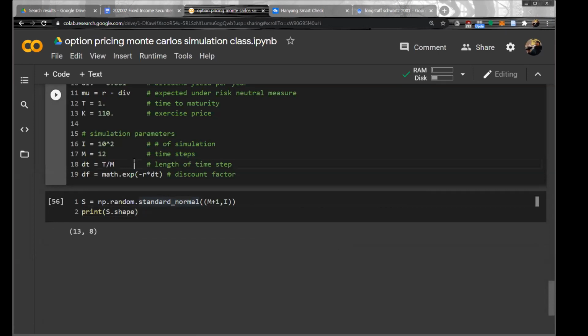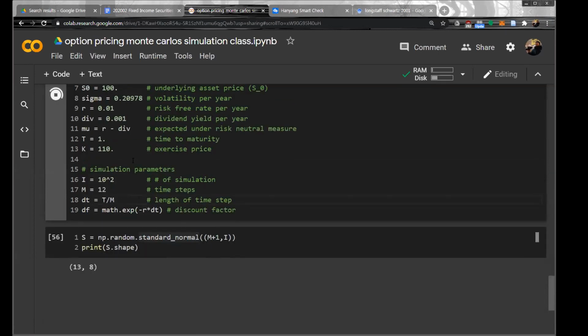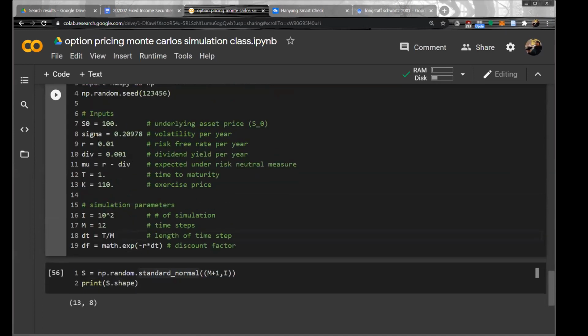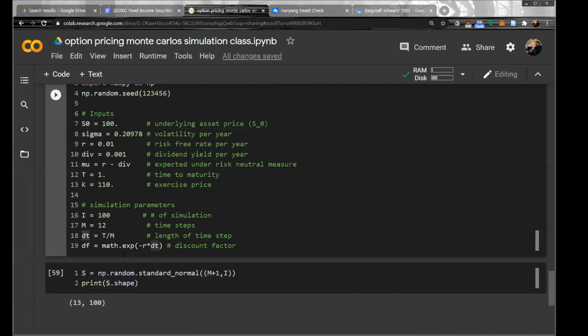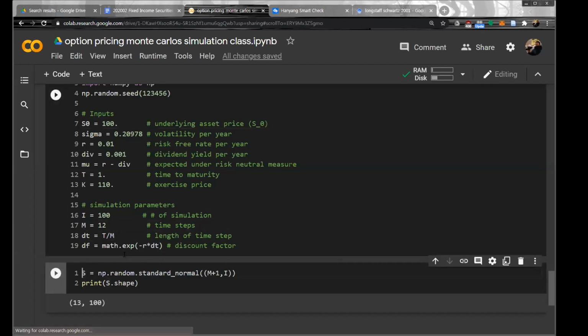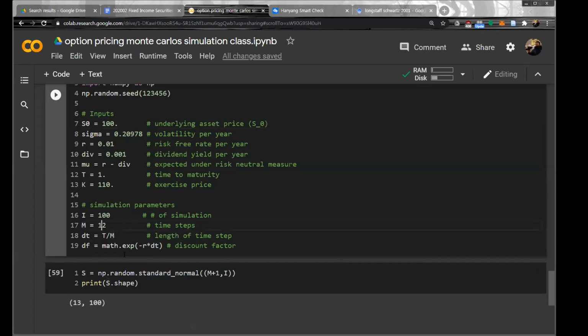I, the number of simulation, 100. Okay, 100. Now it is fine. So here, yeah, 13.